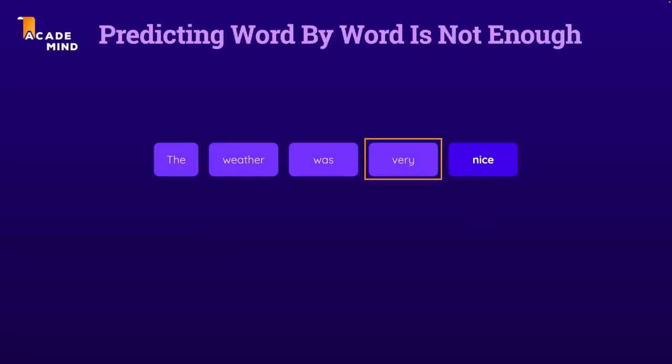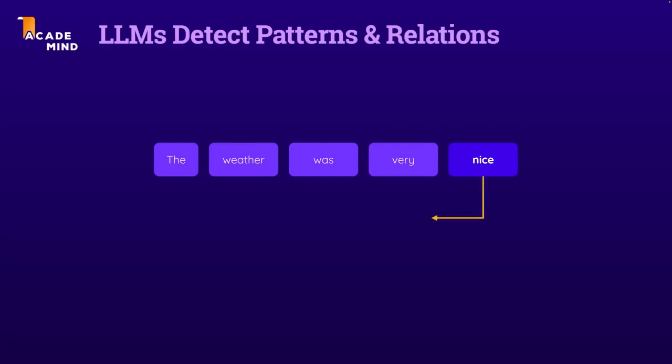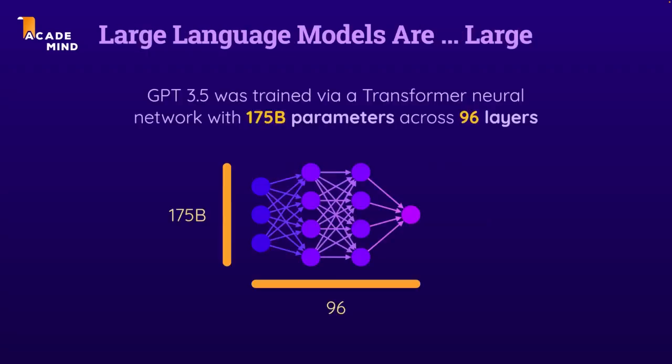If it were just looking at the word very, rich or close might make sense, but if you take the overall sentence into account, nice of course makes much more sense because, as mentioned here, it would be related to the weather. So the GPT models are able to understand complex relations like this because these models are so complex and have so many input parameters.